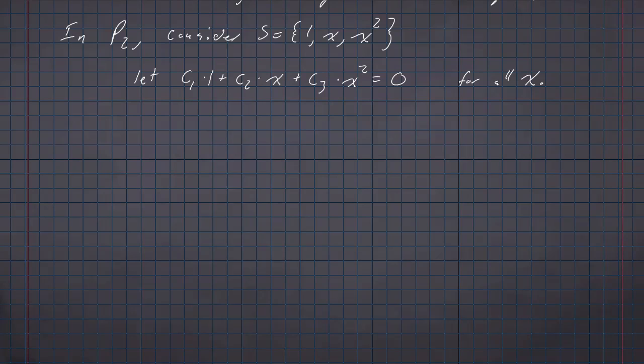And one important thing that you learned in working with polynomials in a high school or college algebra class, pre-calculus, or whatever it happened to be called when you took it: the only way for two polynomials to be equal to each other for all values of x is for each of the corresponding coefficients to be equal to each other.